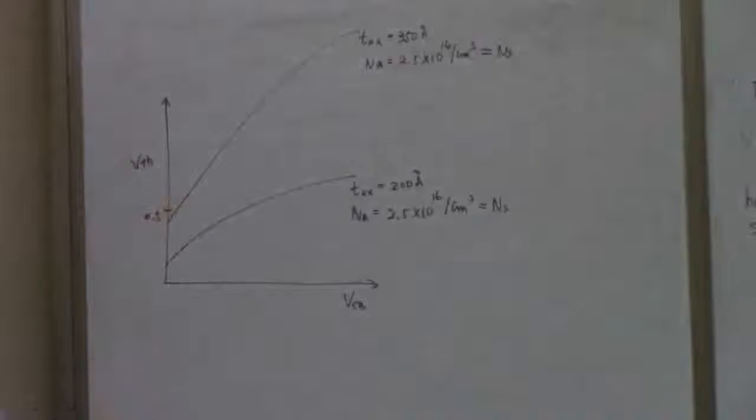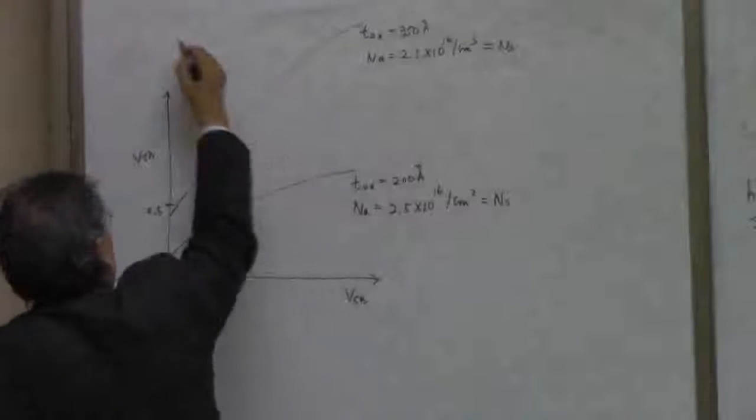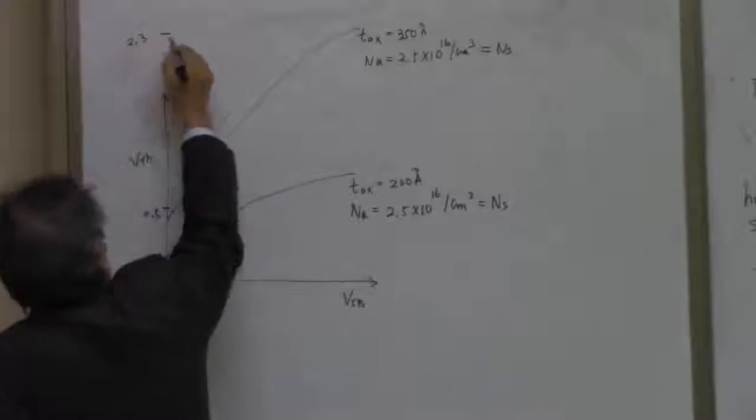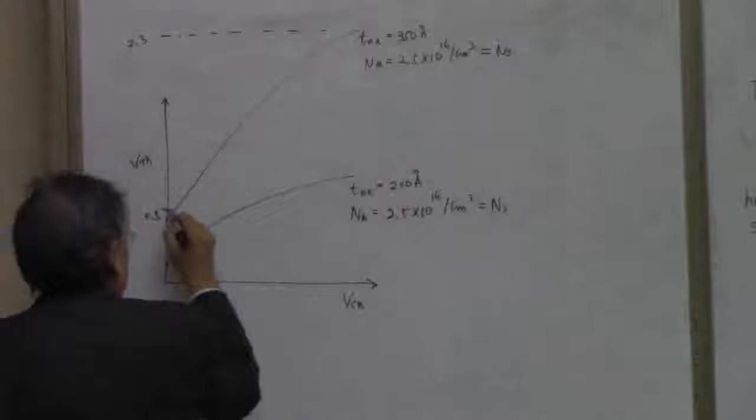Okay, just to increase the gate oxide, and this value is about 2.3 something, somewhere there. Okay, this is a 0.5.